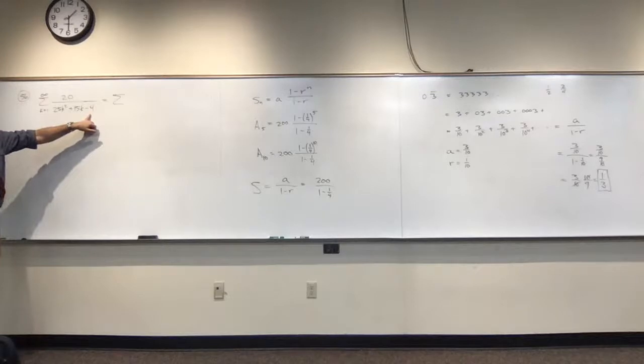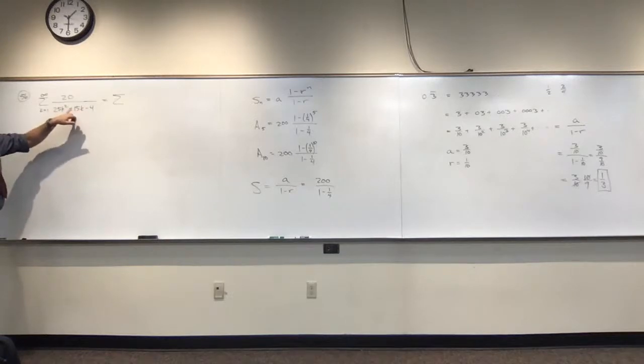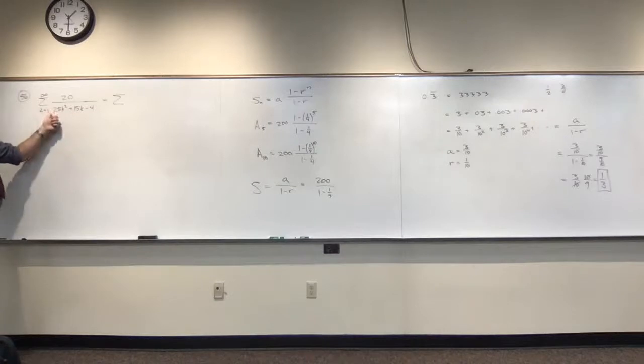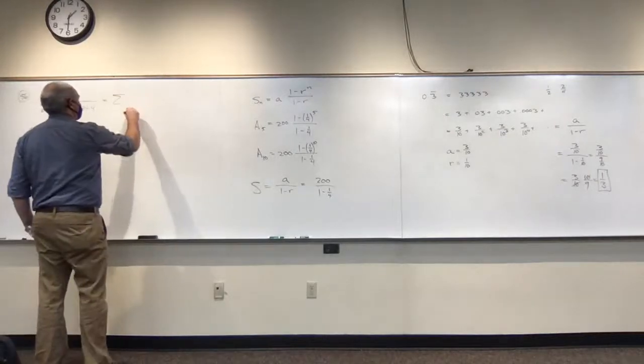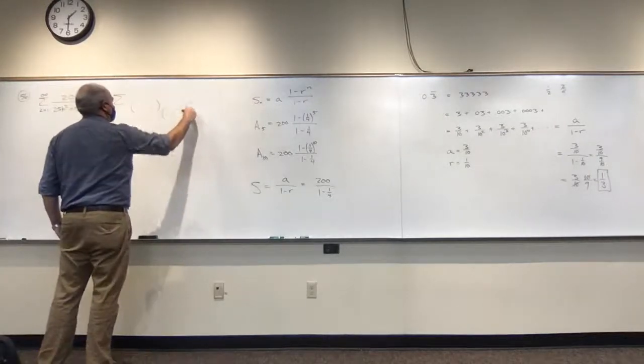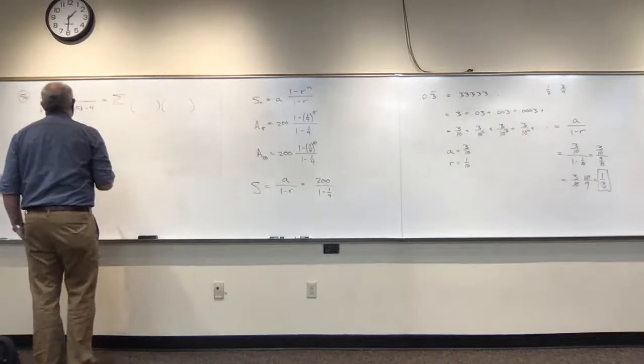So I need two numbers that multiply to negative 100 and add to positive 15. What are they? 20 and negative 5. Okay, so on the bottom, I have 20 and negative 5.